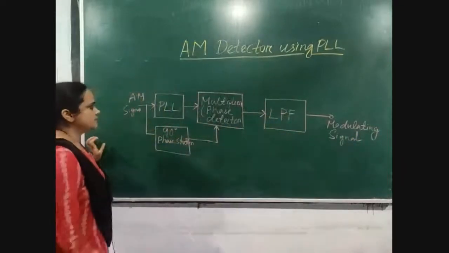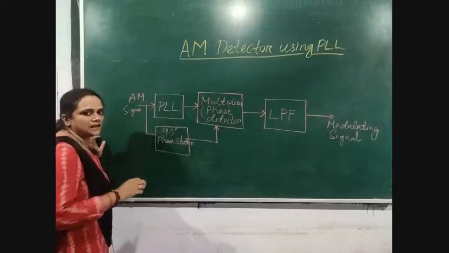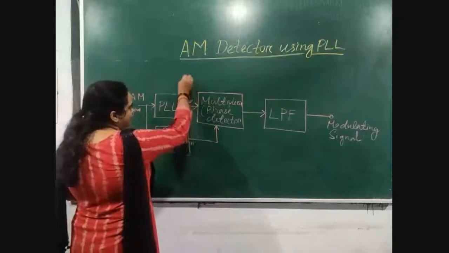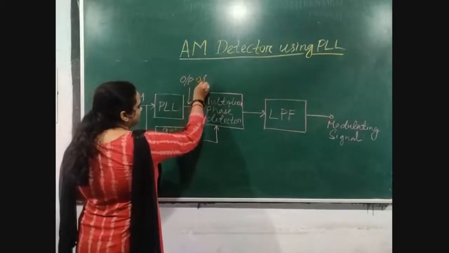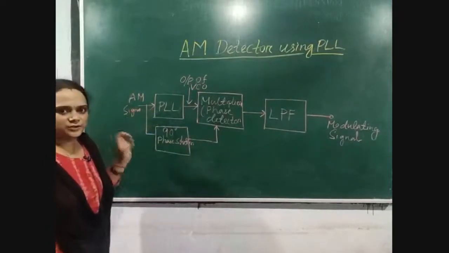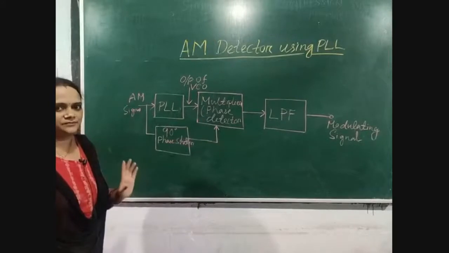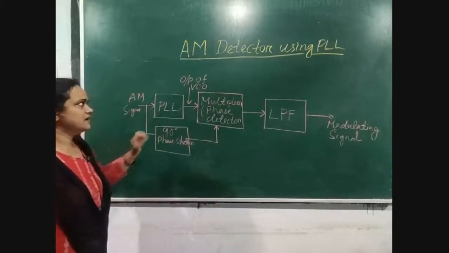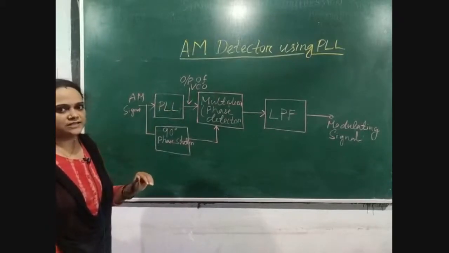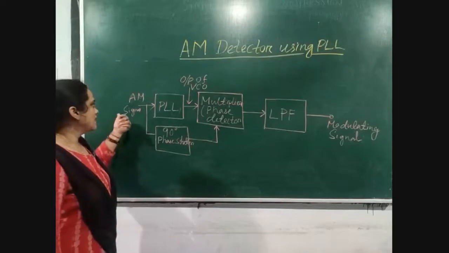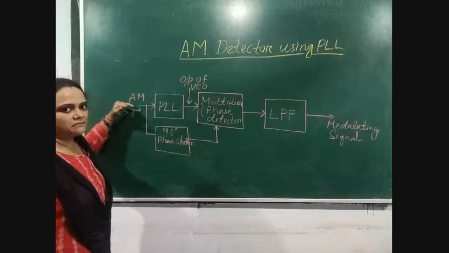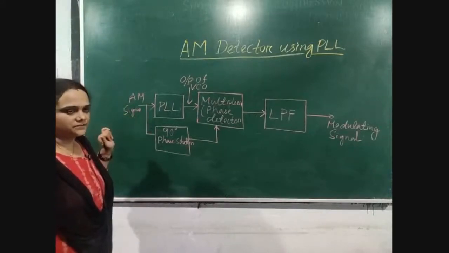So as we know, in the block diagram of PLL, the last block is the VCO block. So here we can write output of VCO. Here the PLL is used in phase lock state. So in the phase lock state, the VCO gives the output, that is a carrier frequency similar to the incoming signal frequency, means incoming amplitude modulated signal frequency.